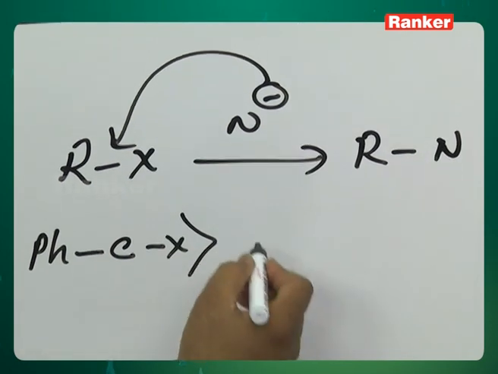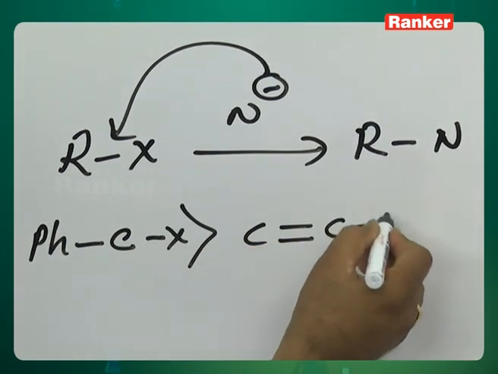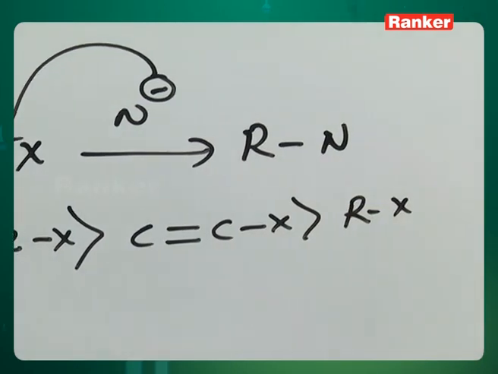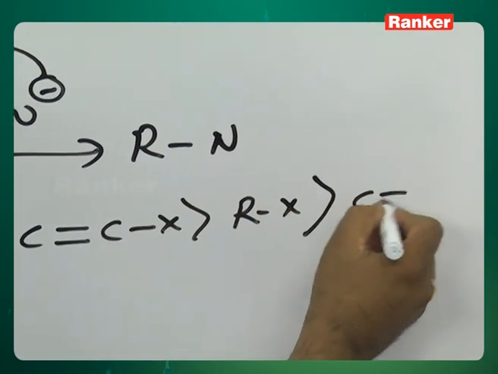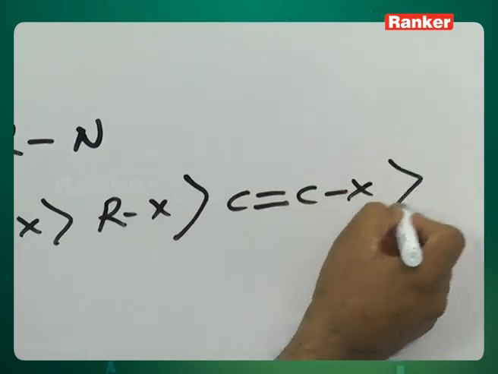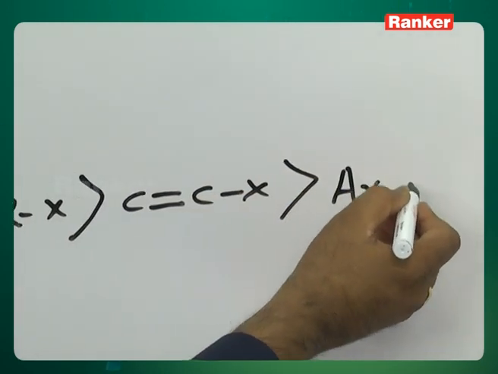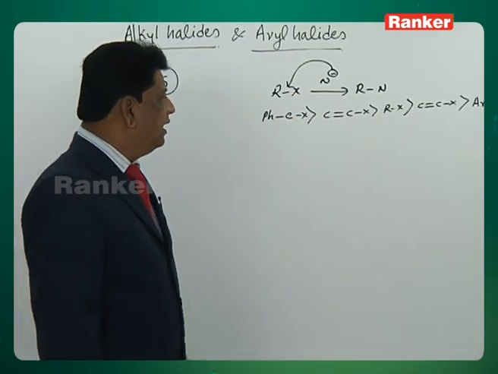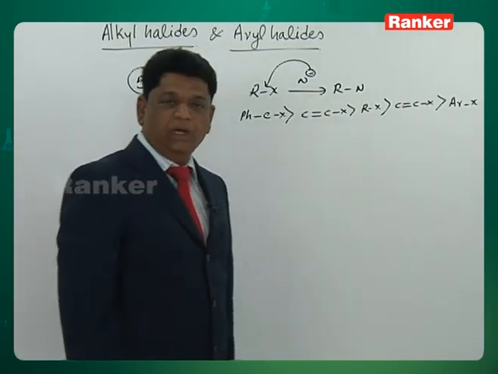Benzyl halides come first, then allyl halides, then alkyl halides, within that 3 degree, 2 degree, and then the vinyl halide, then the aromatic aryl halides. But he says aryl halides undergo it easily, which is totally wrong.